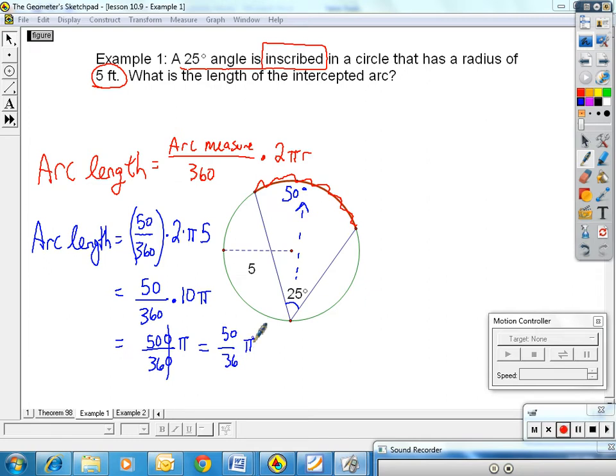It is appropriate to leave our answers in exact form, so we can just reduce this. What number is going into these values here? This would be 25 over 18 pi. Pi is my unit. Leave it in terms of pi. That's the best.